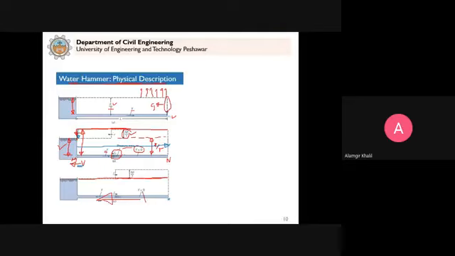This will be the velocity in this pipe. So you can see that when the pressure wave traveled from N to M, it was a loading pressure wave. Why? Because it increased the pressure. But when the pressure wave comes back, it is an unloading pressure wave, because it is reducing the pressure to the normal.